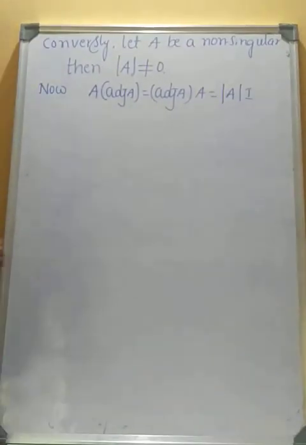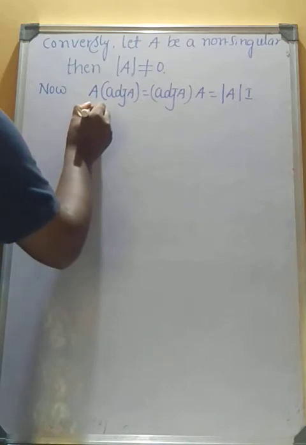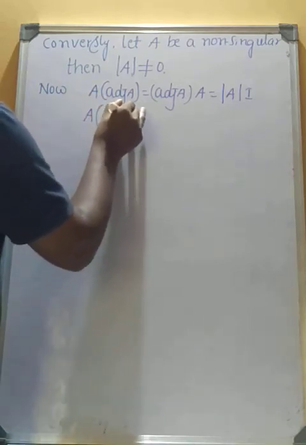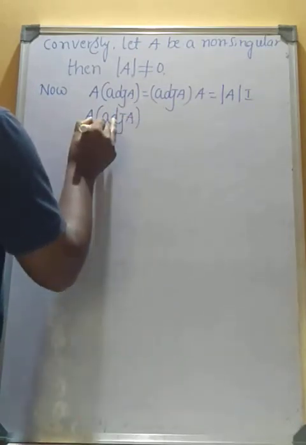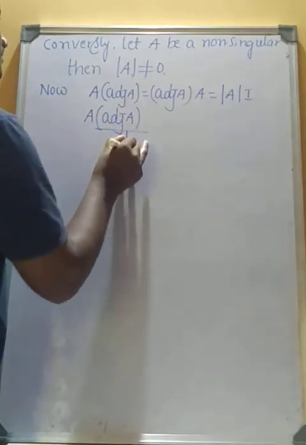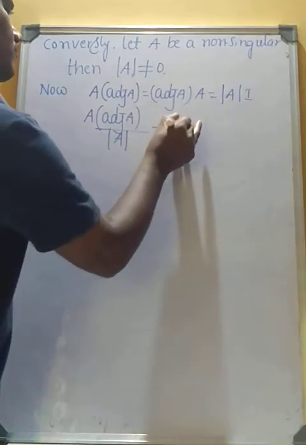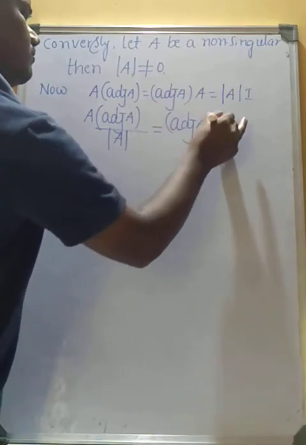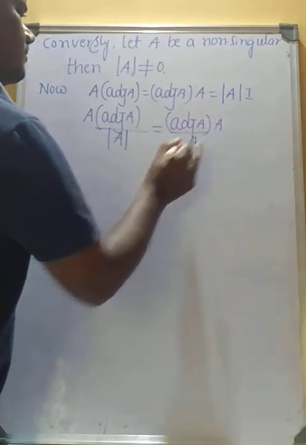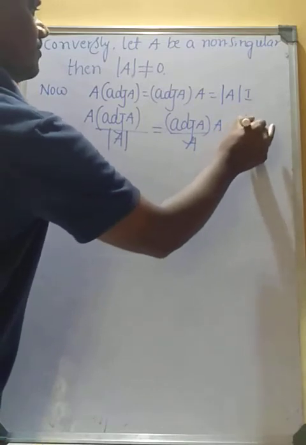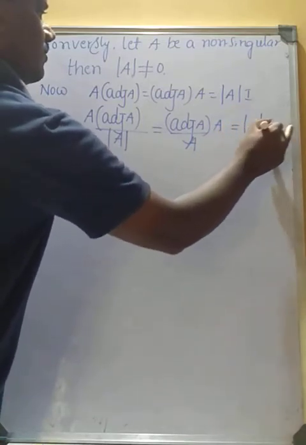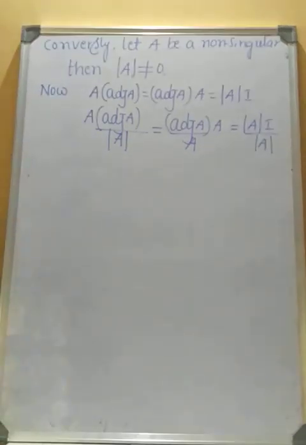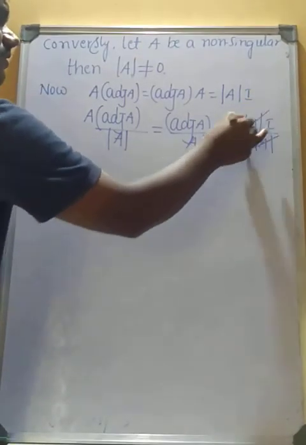So now, dividing by determinant A on both sides, that is A into adjoint A divided by determinant of A equals adjoint A into A divided by determinant of A equals determinant of A into I divided by determinant of A. Here determinant of A cancels.